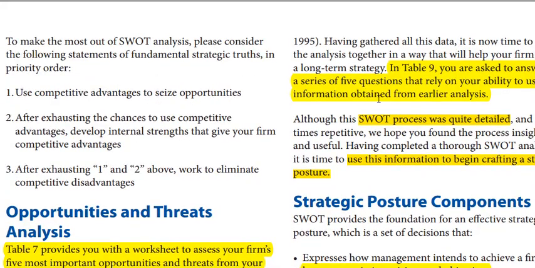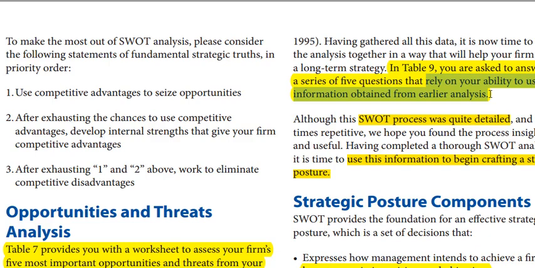Table number 9 is again a series of questions about the use of information in earlier tables, that is 4, 5, 6, and 7. We have completed strengths and weaknesses, opportunities and threats in table number 7 and 8.